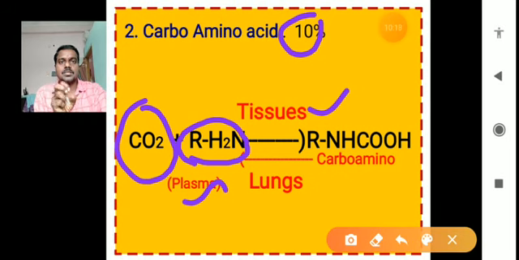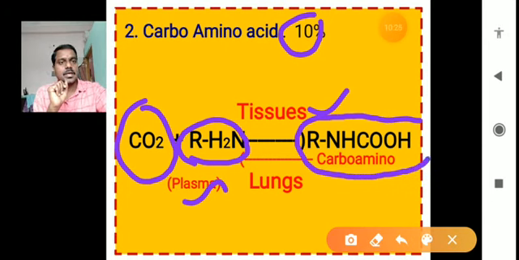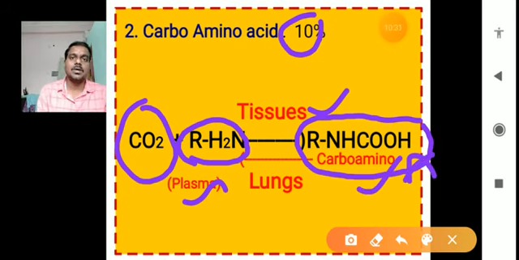This amino acid is ready to bind with carbon dioxide and finally forms RNHCOOH, which we call carboamino acid. So the carboamino acid is formed at the cell level with the help of the amino acid.